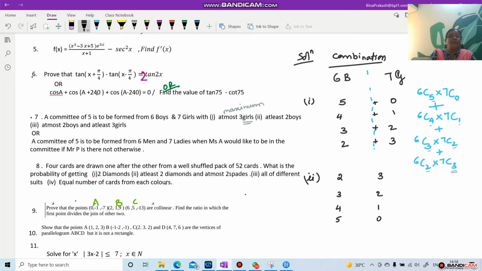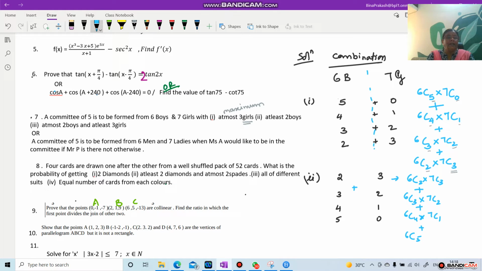So the number of ways is 6C2 multiplied by 7C3, plus 6C3 multiplied by 7C2, plus 6C4 multiplied by 7C1, plus 6C5, all boys, no girls. Fine.